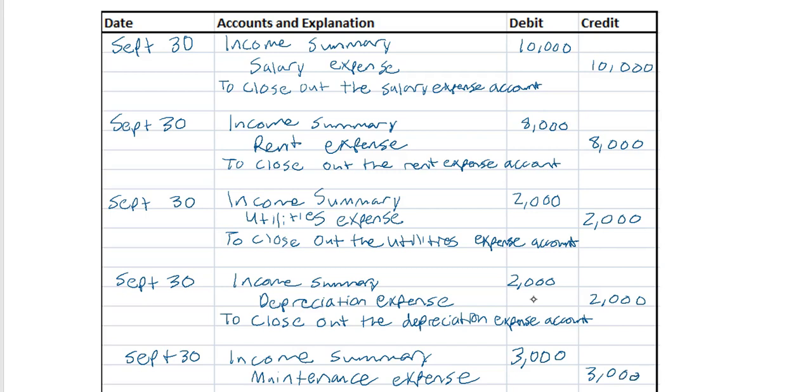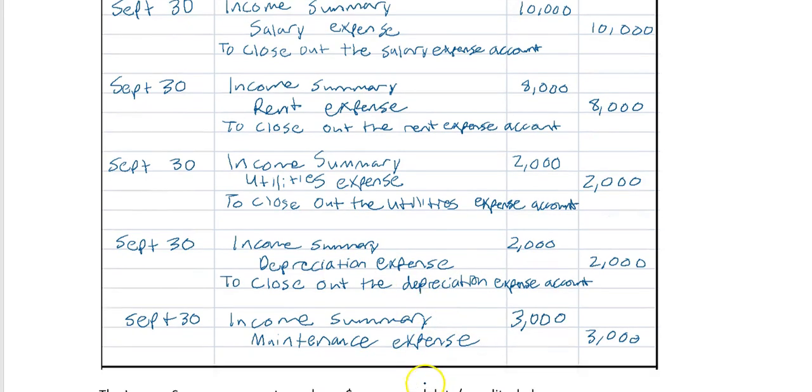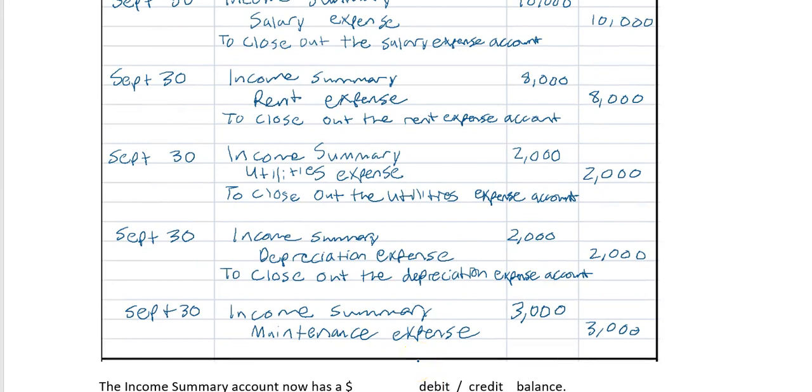This will be $3,000, and I'll scroll up just a little bit to add a brief description. To close out the maintenance expense account.